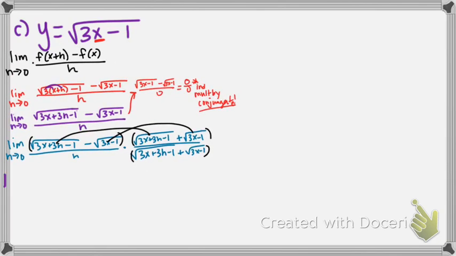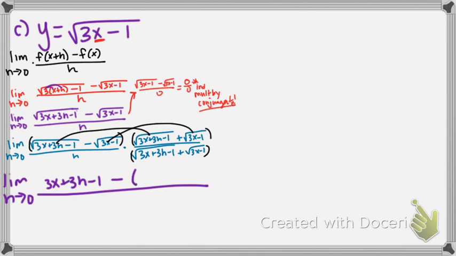All right, so we have limit h approaches 0. I'm going to distribute the top. I'm going to take the first two radicals minus parentheses. Make sure you remember that parentheses. That's the number one thing people forget, because I have to distribute this whole thing here, that whole 3x minus 1.